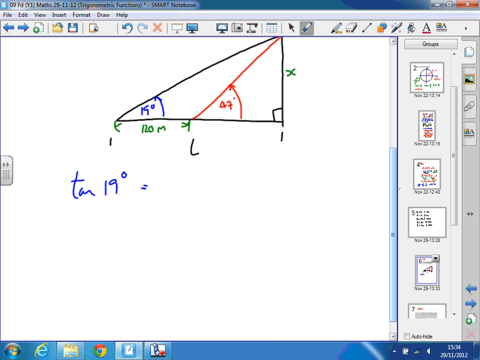So in this case, that's opposite, which is x, over adjacent, which is L. Okay. And then we've got another equation. The tangent of 47 degrees is what?